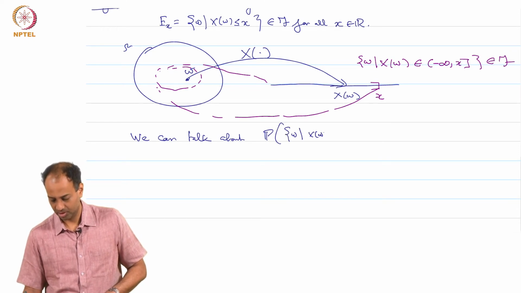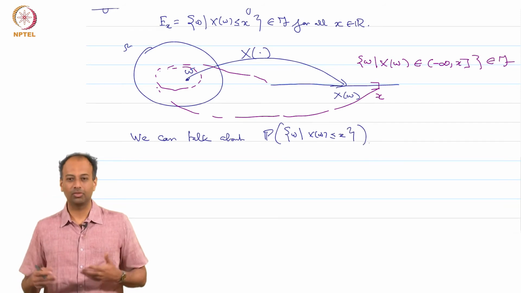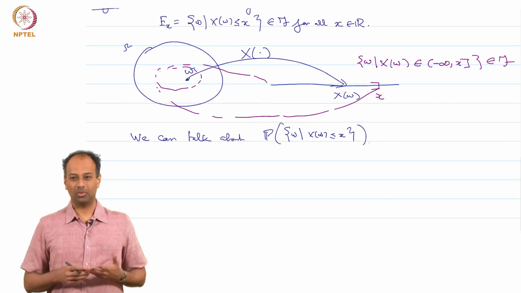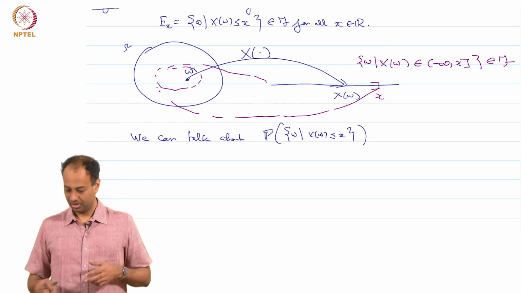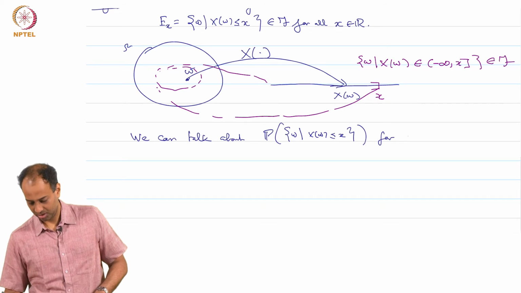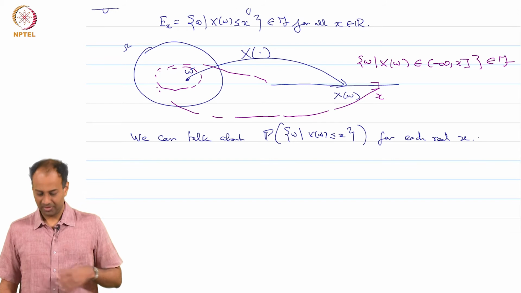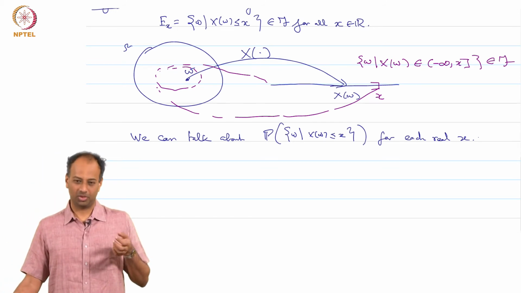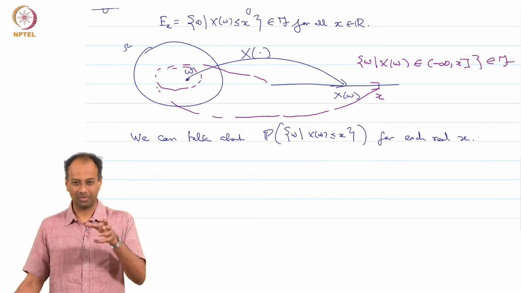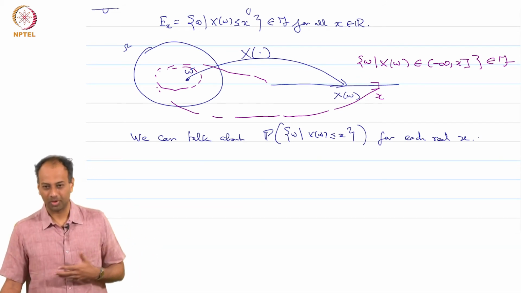Once some subset of omega is an event, you can assign probability to it, correct. So, you can talk about this for each real x. If this were not an event, then you cannot talk about its probability. Only events have probabilities. Not all subsets of omega may have probabilities assigned to them.